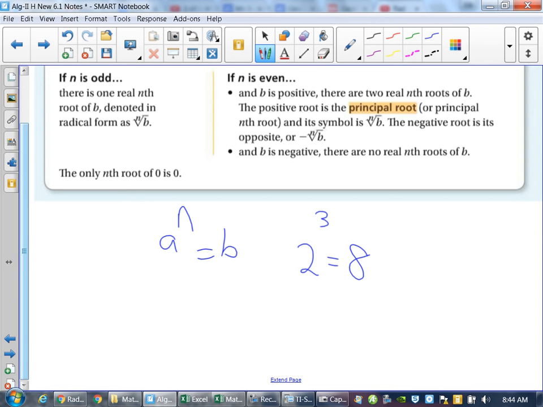You can work back and forth with these. If 2 cubed is 8, that means that the cube root of 8 is 2. So to undo these, a would equal the nth root of b. It's called an nth root. We've done a couple of these things in class before where we've had to take square roots. I showed you guys the short way of simplifying radicals with the calculators using tables.